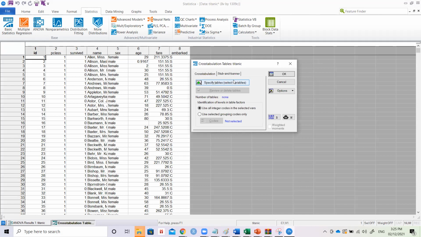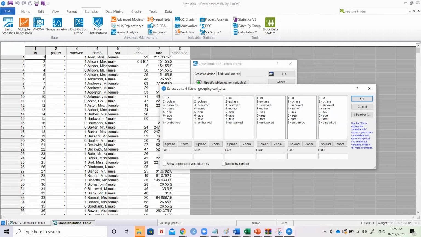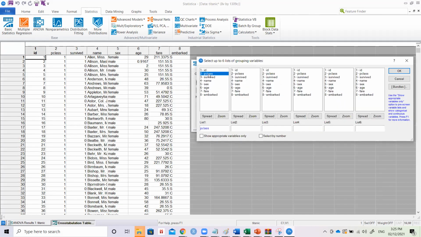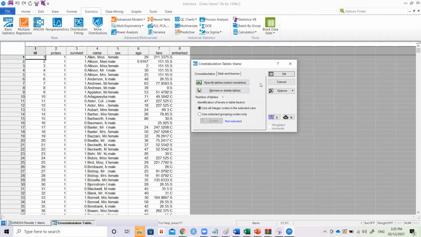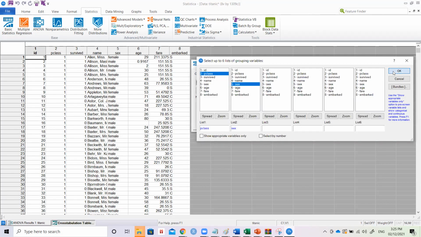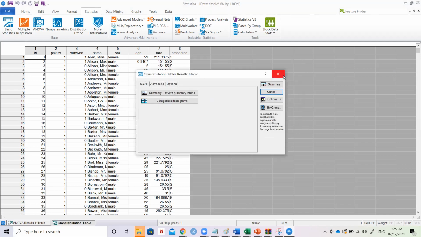Okay, specify tables. I want to get table na P class and sex. These are the two variables involved, right? So okay, and then nasa dito yung options. So specify tables. Okay. So, okay na yan. Ayan.